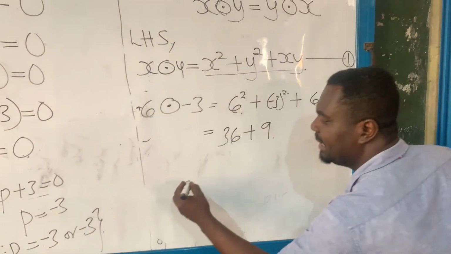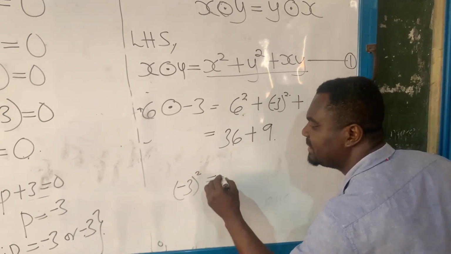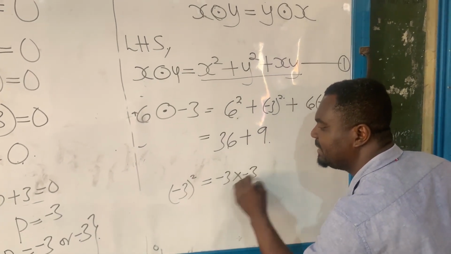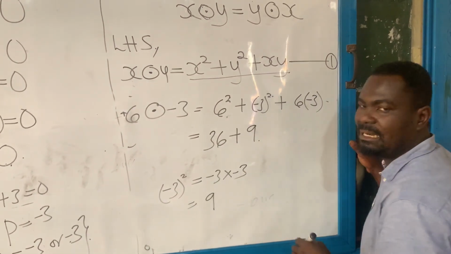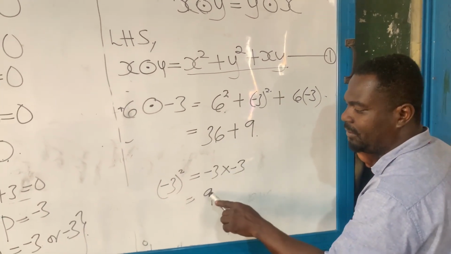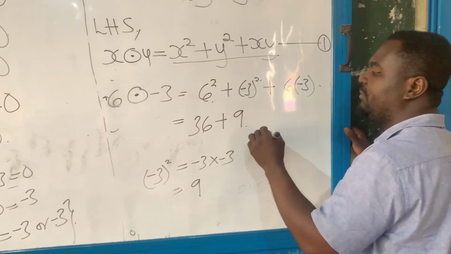Why? Because -3 all squared means -3 times -3, and -3 times -3 will give you positive 9.